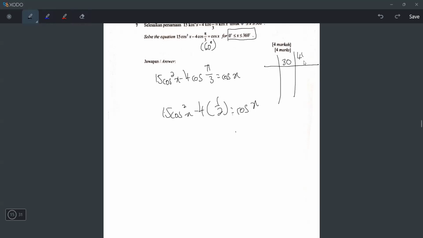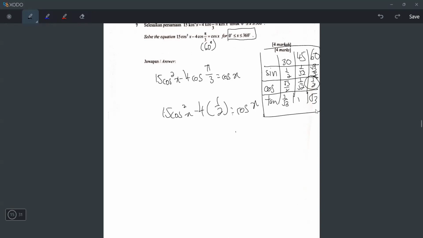Remember this table I asked you to memorize in class? I'm sure you never memorized it also. So if you never memorized, memorize now, okay? This is 1 over 2, this is 1 over 2, this is 3 over 2, this is 3 over 2, this is 1 over 2, this is 1 over 2, this is 1 over 3, this is 1, this is 3. So cos 60 is 1 over 2.